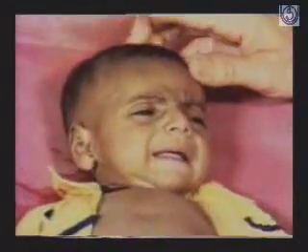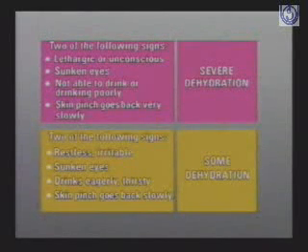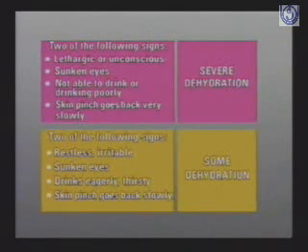Now, let's see how the child's signs relate to the classification chart. Start with the top, pink row. He is not lethargic or unconscious. His eyes are sunken. He does not have the sign not able to drink or drinking poorly.